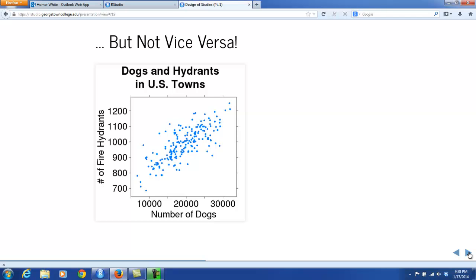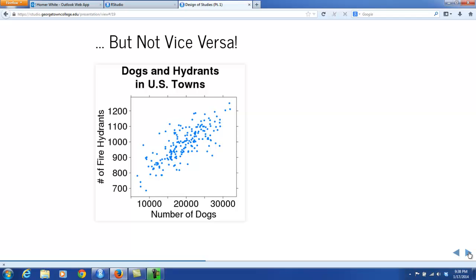Just because two variables are associated doesn't mean that one of them has to cause the other. Let's take a hypothetical example to see why this is true. Say that you're looking at a scatter plot here where every little dot represents a mid-sized town in the United States. So maybe there's a couple of hundred towns in this study. And for each town, we've measured two variables: the number of dogs in the town, and the number of fire hydrants in the town.